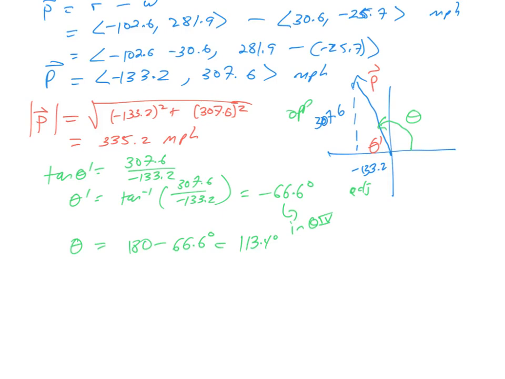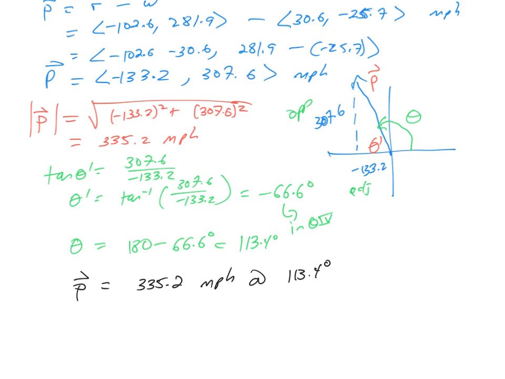So finally, we know the magnitude and the course for the plane. So the vector P is going to be 335.2 miles per hour at 113.4 degrees.